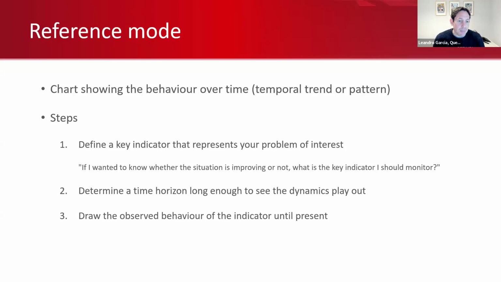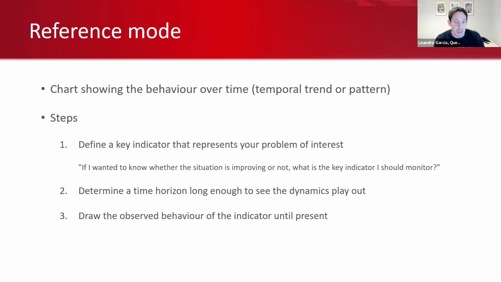The next step then is to draw the observed behavior of the indicator until present. If you have data, in your case annual levels of cycling among women, you can use that data to help you draw your line, going back, based on your time horizon until present.